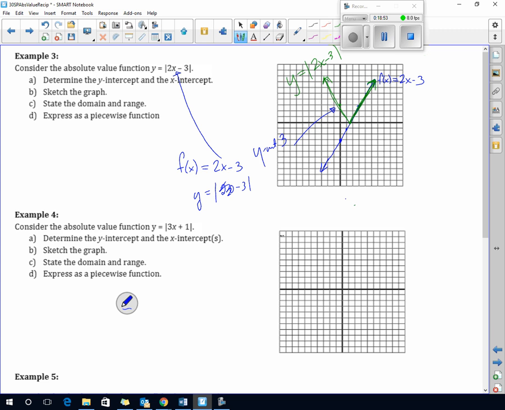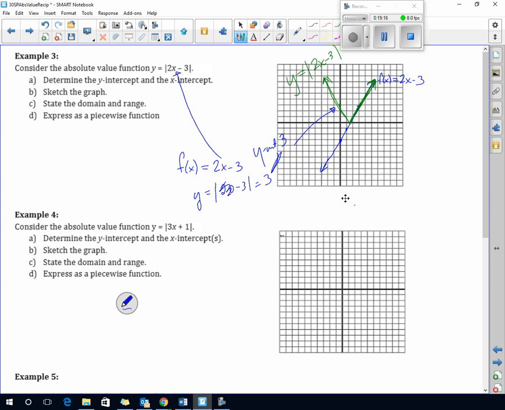Okay. For the x-intercept, visually, can you see what it is? Maybe we're not quite sure what it is. However, does everybody see that the x-intercept in this case would be the same x-intercept of this line? So let's find the x-intercept of the line. How do we do that?